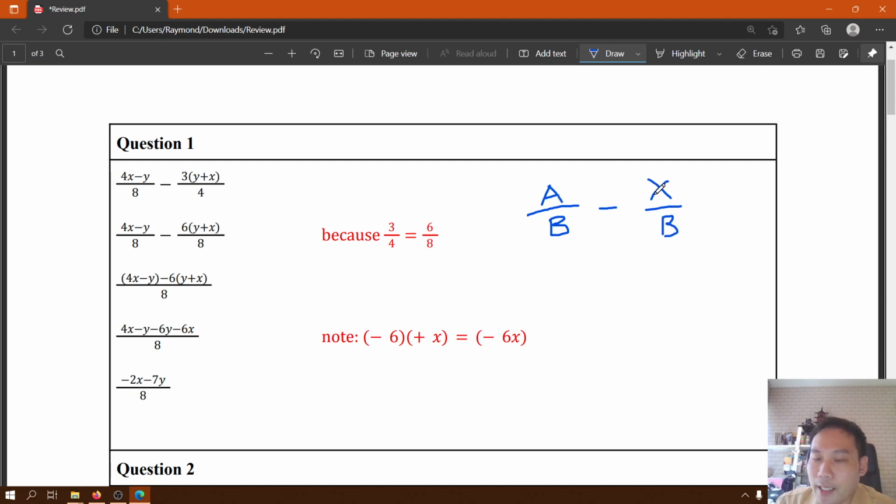regardless of what A and X are, when we want to put them together, I would like you to have the habit. Remember, good habits are important. Put them in brackets. Why is this important?